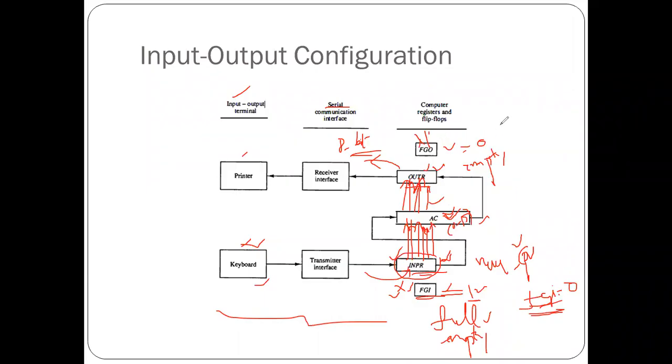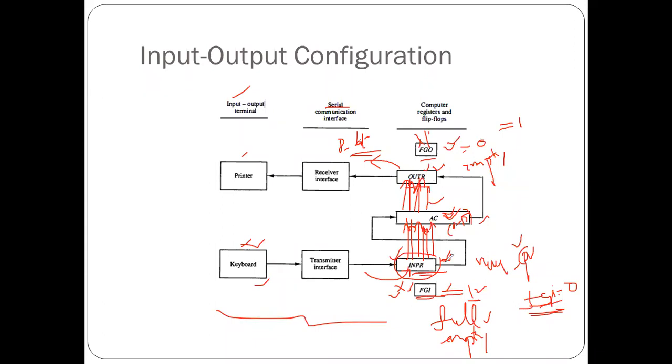When FGO, which is the output flag, is 1, it means the output register is empty, and the CPU can write the next character to be printed or sent out onto the output register. The CPU places the next character onto the output register and then clears the FGO flag to 0.